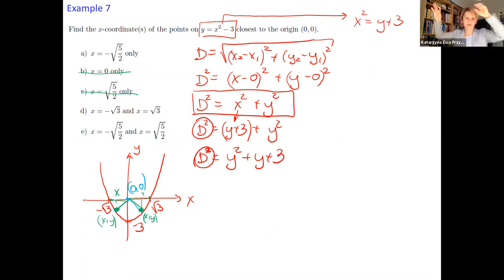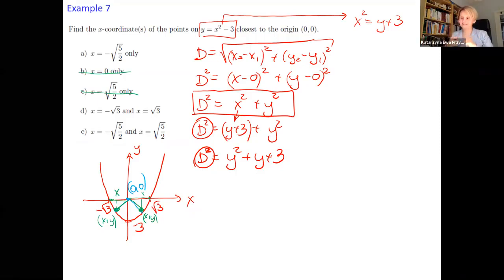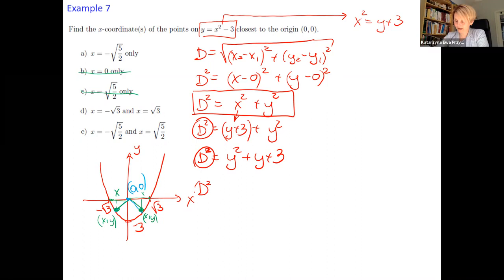Again, the parabola goes up. Theoretically any number could be in the domain, but we know that local extreme values will give us absolute extreme values. Let's find the critical points. We need the derivative: 2y plus 1.